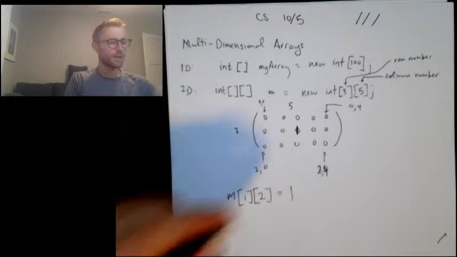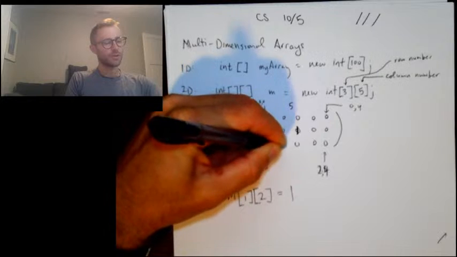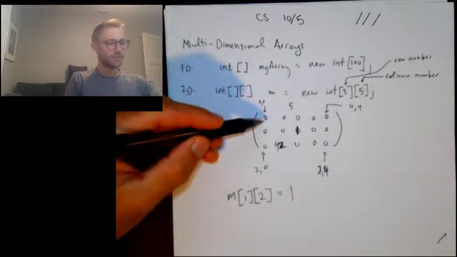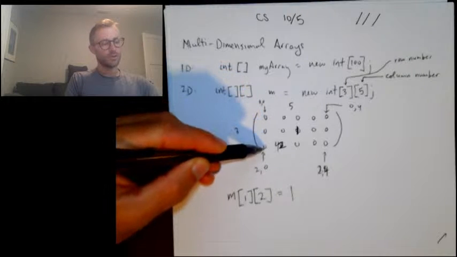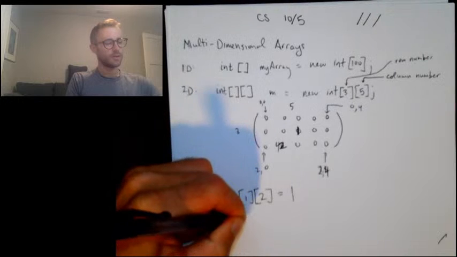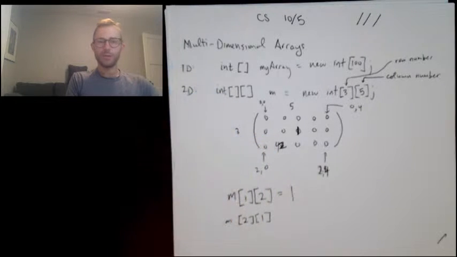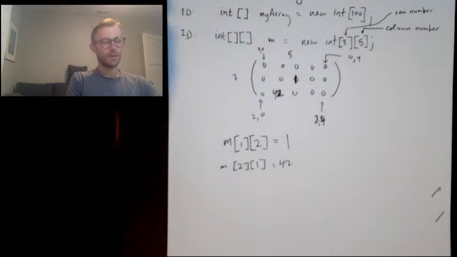Get what I'm saying? Let's suppose that this is 42. Then this is row number 0, 1, 2, column number 0, 1. So this would be 2, 1, and 2, 1 equals 42. Okay?